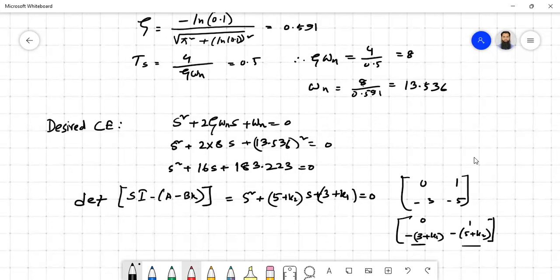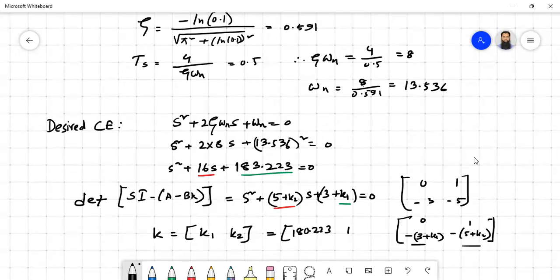Now we can easily compare the coefficients, and we can see the values of K1 and K2 are basically 180.223 and 11.